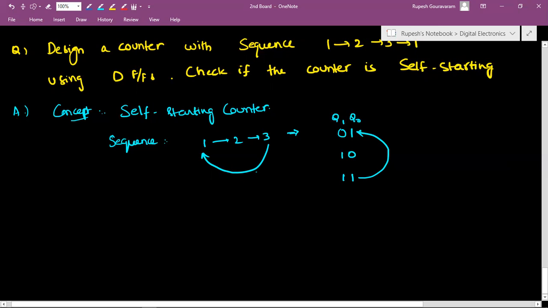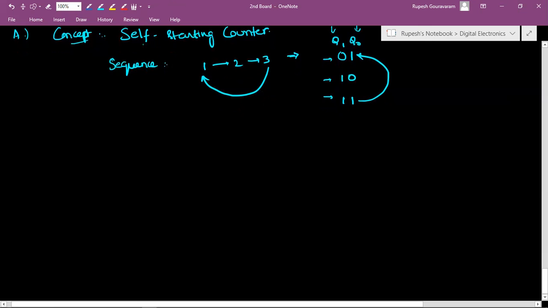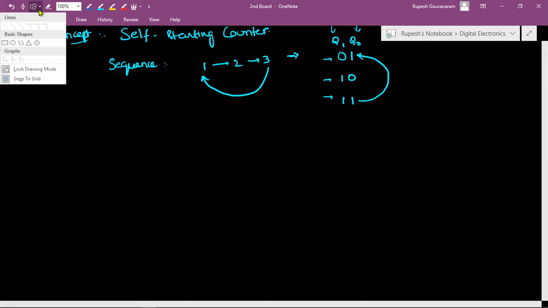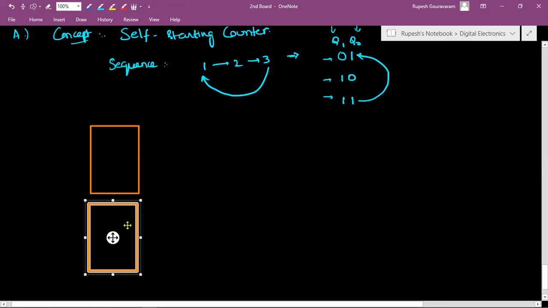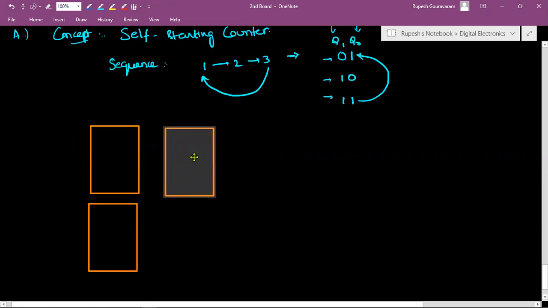Now how many flip-flops do I need here? As 2 bits are required every time, we need one Q1 and the other Q naught. That is 2 flip-flops are needed. So let me draw those flip-flops now. This is the first flip-flop and this is the second flip-flop.